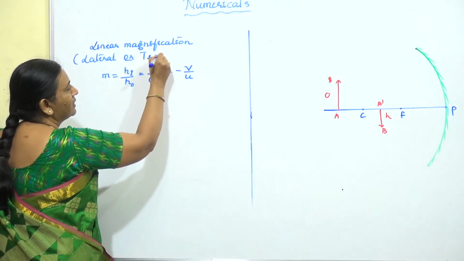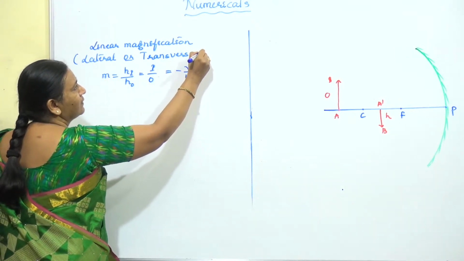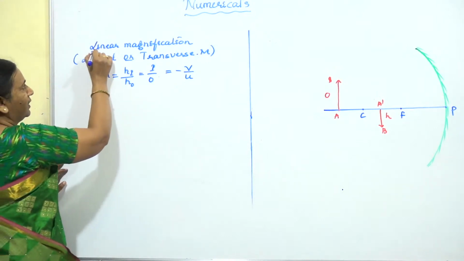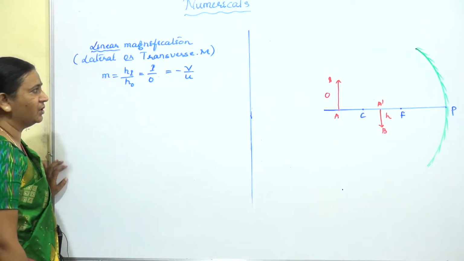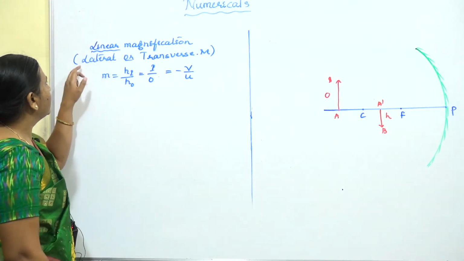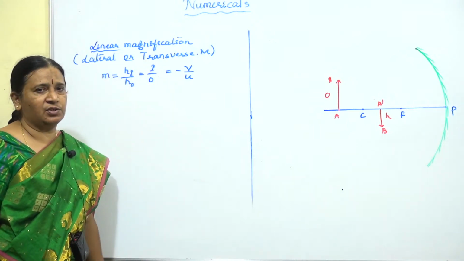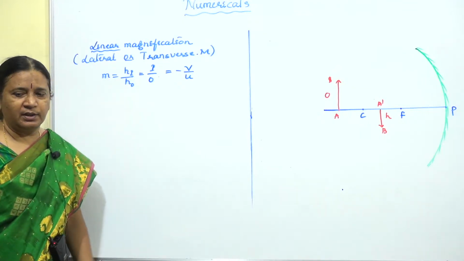So get used to these new terms. The same linear magnification, the height one, is also known as lateral or transverse magnification.